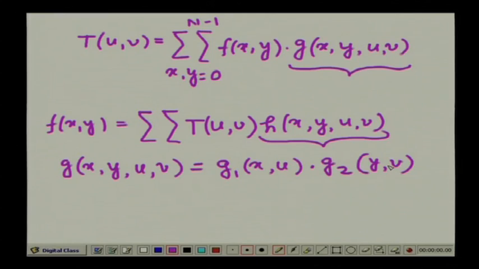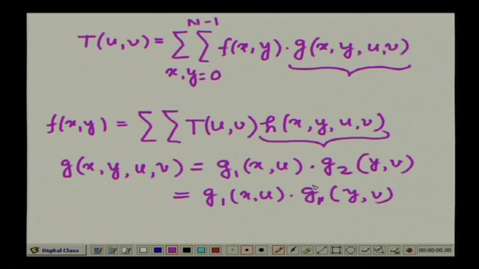Moreover, if g1 and g2 are functionally the same, that means I can write this as g1(x,u) into g1(y,v), then this class of transformations will be separable obviously, because we have written g(x,y,u,v) as a product of two functions, and since g1 and g2 are functionally the same, I can write this as g1(x,u) into g1(y,v).